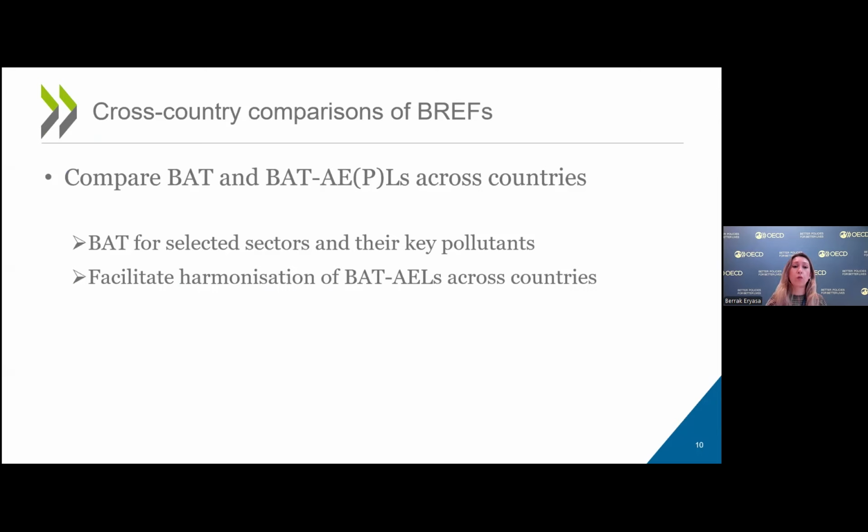So our goal was to collect BATs for selected sectors, as well as the BAT-associated emission levels for the key pollutants that were selected as important. While doing so, the overall goal of this report was to facilitate and support the harmonization of BAT environmental limits across countries.